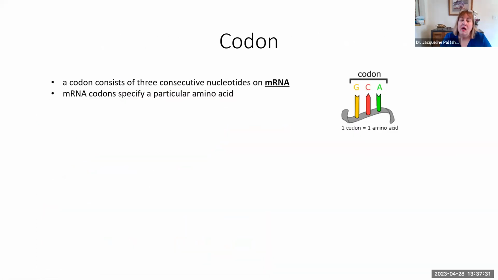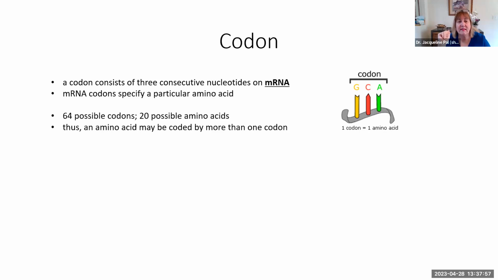Now, let's look for a second at that messenger RNA. It has all these nucleotides, all these Cs, Gs, As, and Us. Three of them in a row are called a codon because it's going to code for a specific amino acid. So it's the messenger RNA codons that are coding for the amino acids.